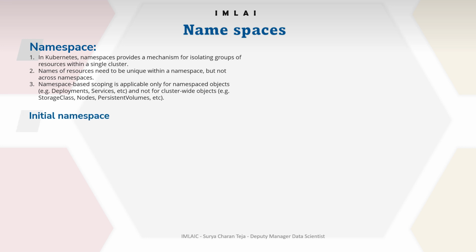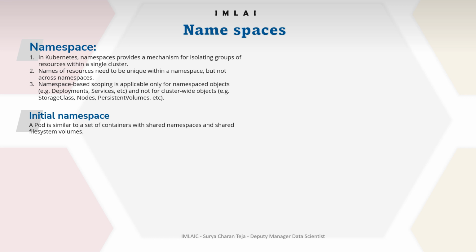So now let's also look into some of the fundamental namespaces that we find inside Kubernetes. A pod is similar to a set of containers with shared namespaces and shared file systems.